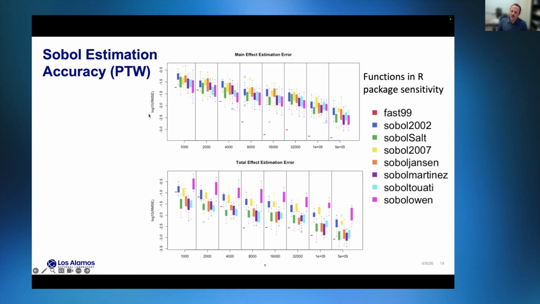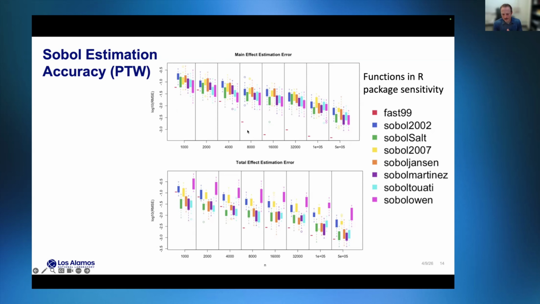And so you see as you increase the number of evaluations of the function, you can get more accurate. And notable things here, this top one is for main effects, and the bottom one is for total effects for Sobol. And you see that this FAST approach, the Fourier amplitude sensitivity test, starts converging to smaller error much sooner.